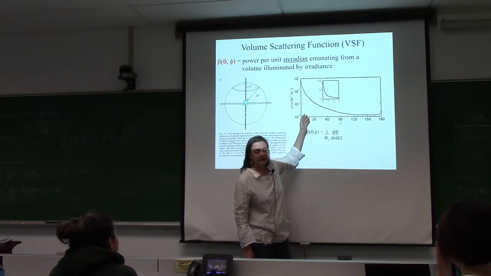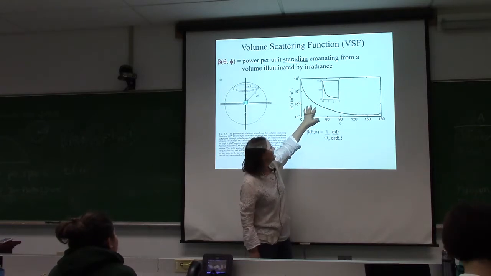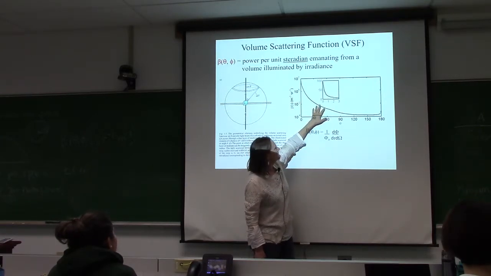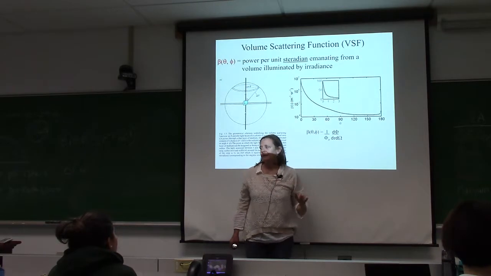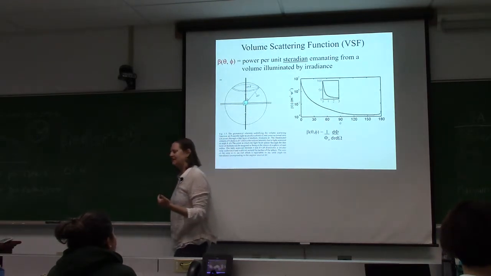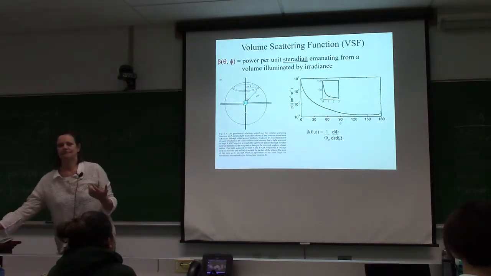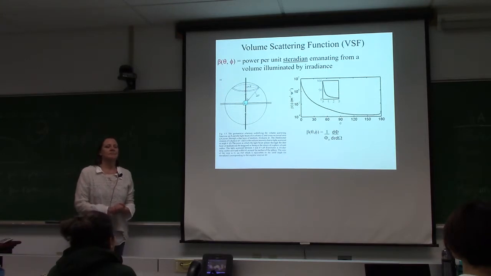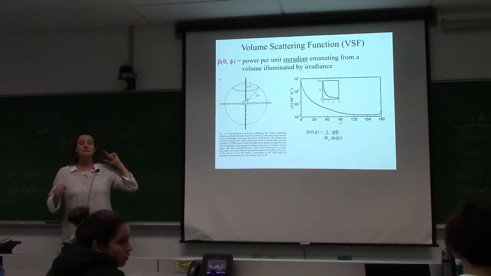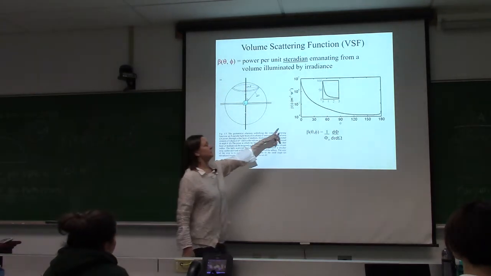And this is a typical volume scattering function for the ocean. What can you tell me about the scattering as a function of angle for this bulk measurement? Almost all forward scattering, right?